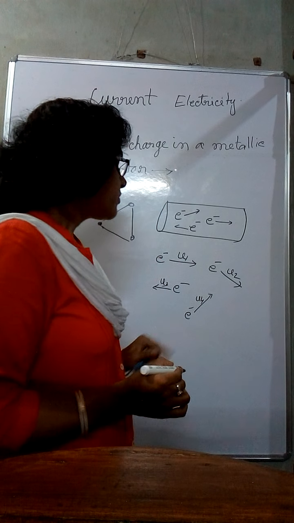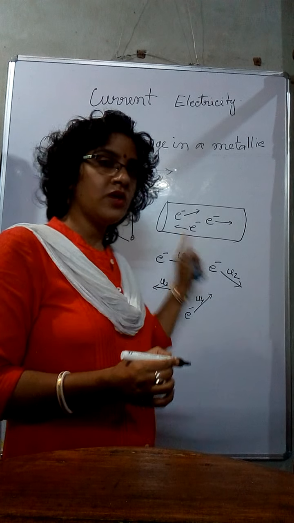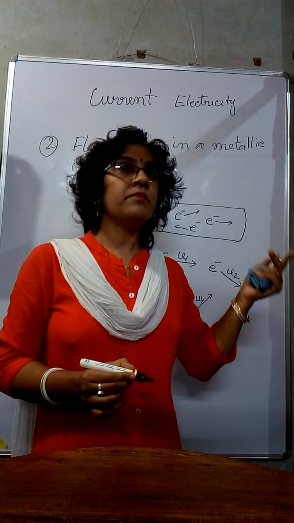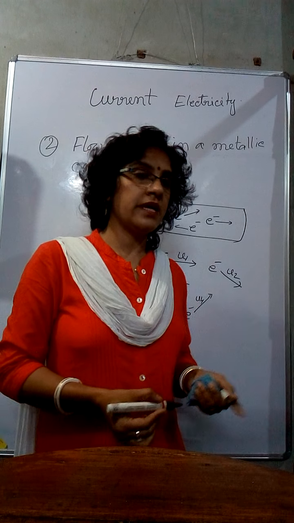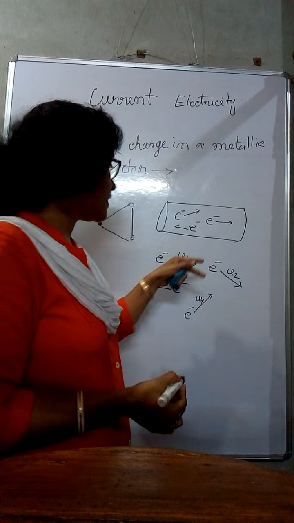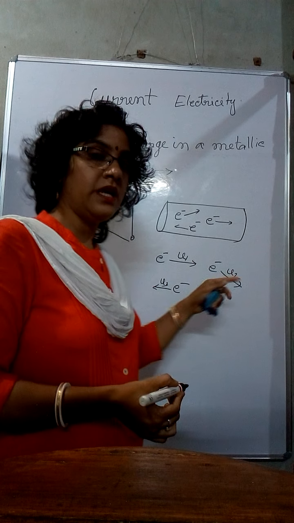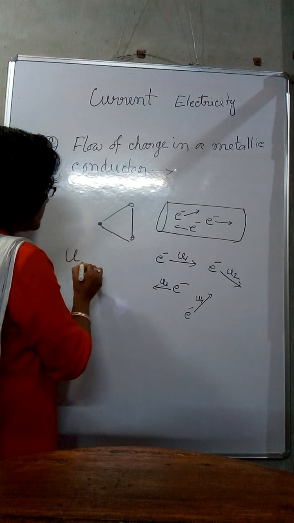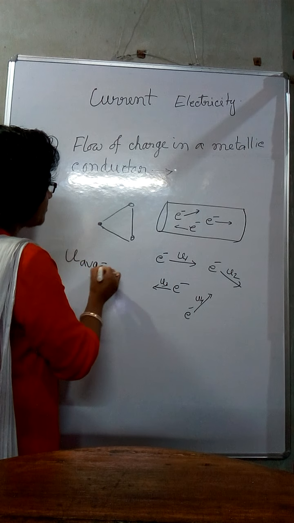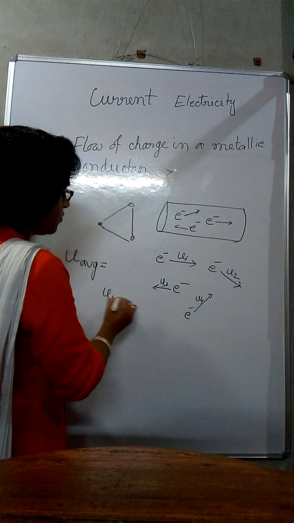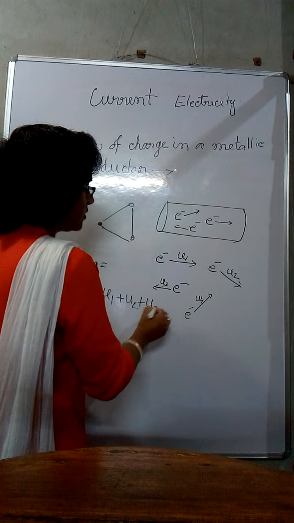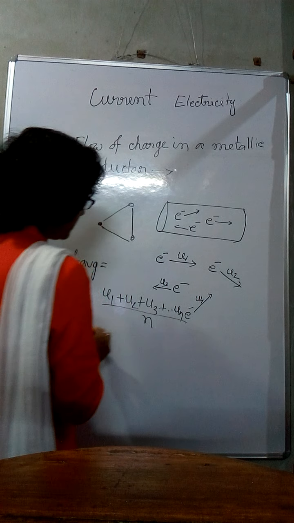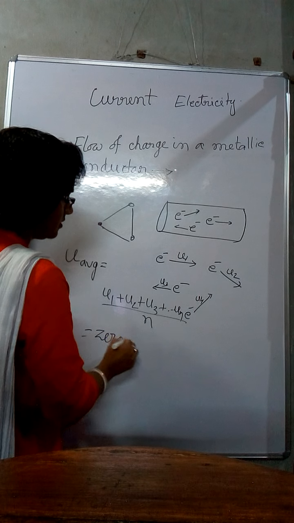For that reason, imagine there are lots of electrons, and their motion is with 10 to the power 5 meter per second. Considering the random motion and their speed, the average initial velocity formula is u1 plus u2 plus u3 plus up to un divided by n, and it will be 0.